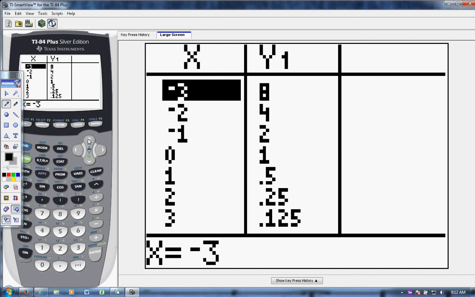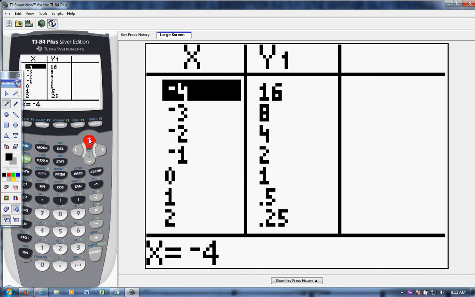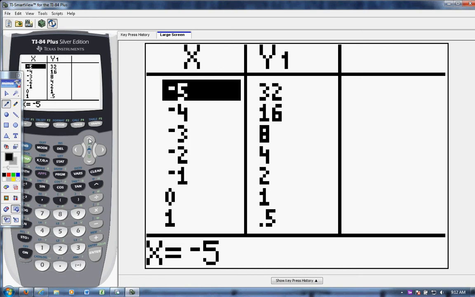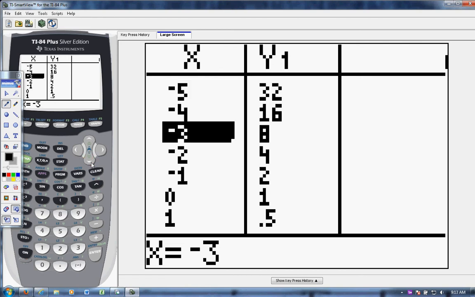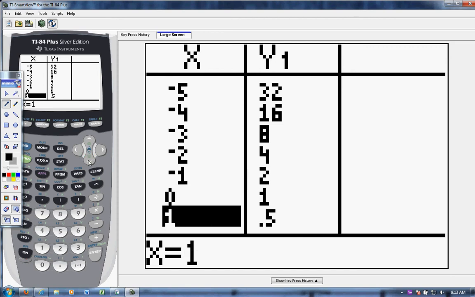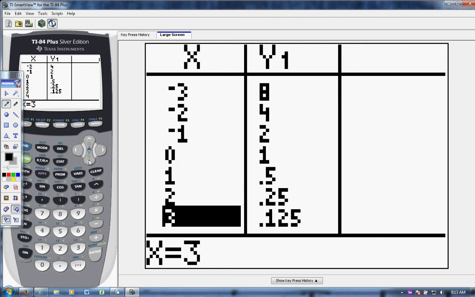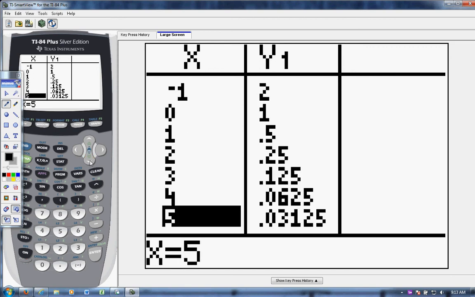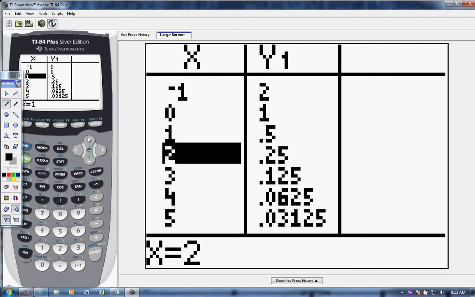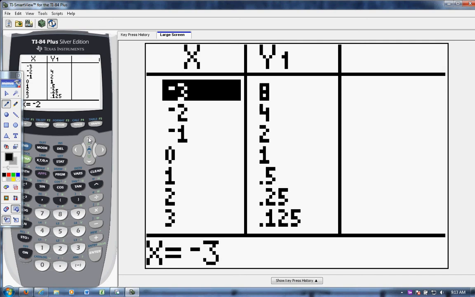As I go in the negative direction, it's getting bigger, and as I go in the positive x direction, it keeps getting smaller and smaller. So in other words, we've got a reflection on this one, okay? So if you want to just put that there is a reflection.